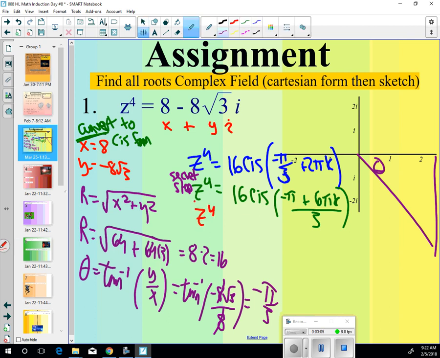Now this is to the 4th. What can we do to find z? Take the 1/4 root. So then this will be 16 to the 1/4 and cis negative pi plus 6 pi k over 3 to the 1/4.